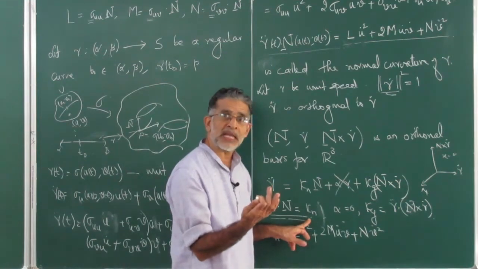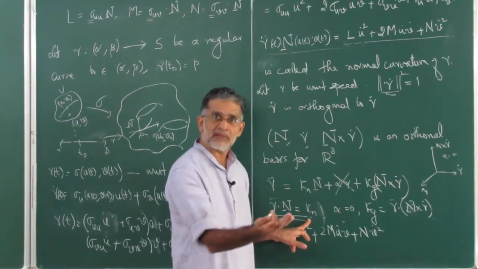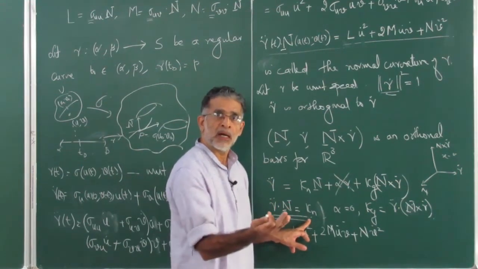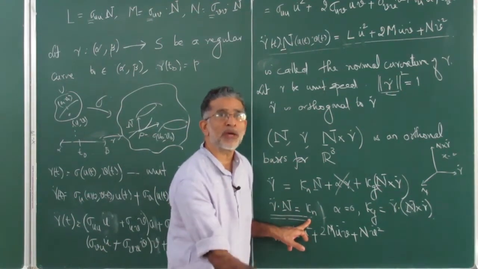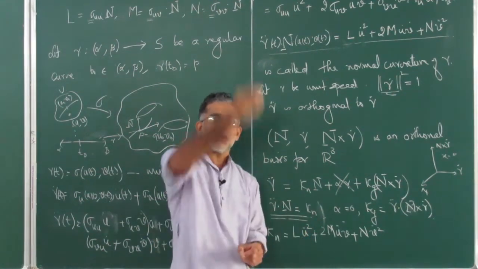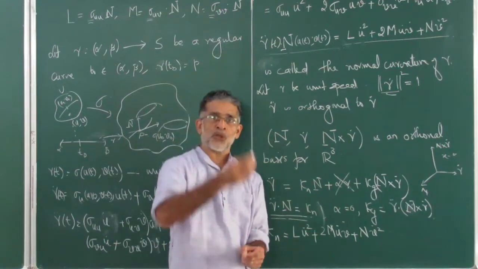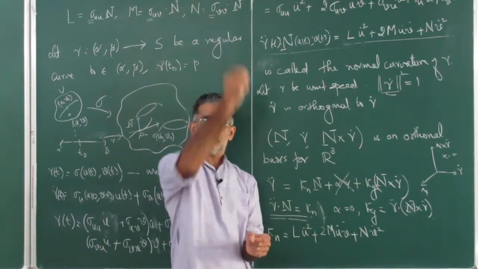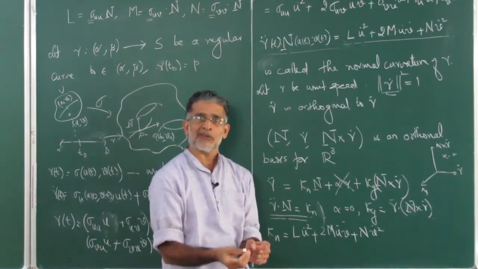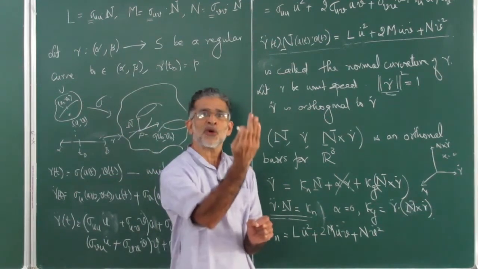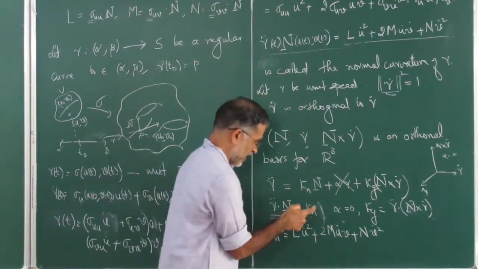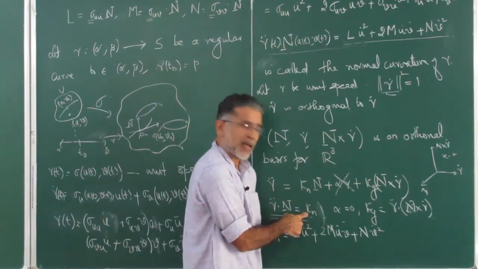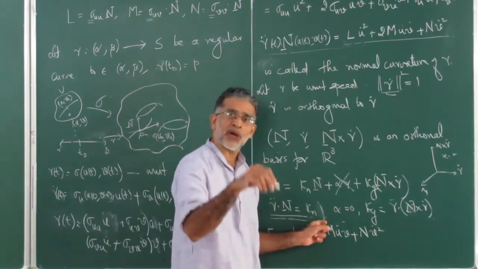If Kn is 0, you are on the plane travel. If the Kn is negative, you are going downward, because you have taken your normal upward. So if the inner product with the upward vector is positive, that means you are climbing up. So when Kn is positive, you are climbing up. When Kn is negative, you are climbing down.